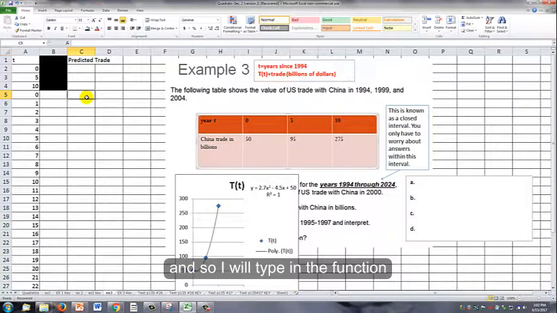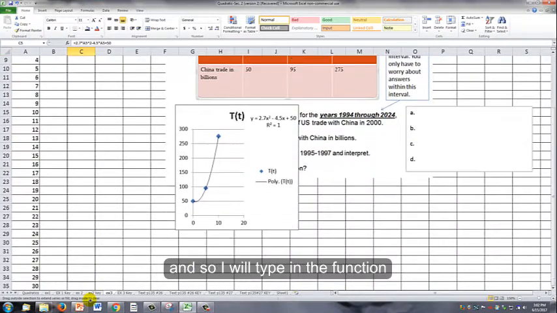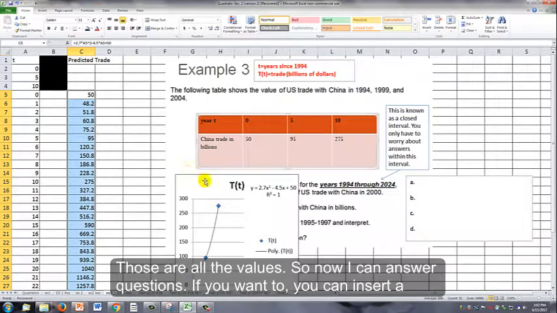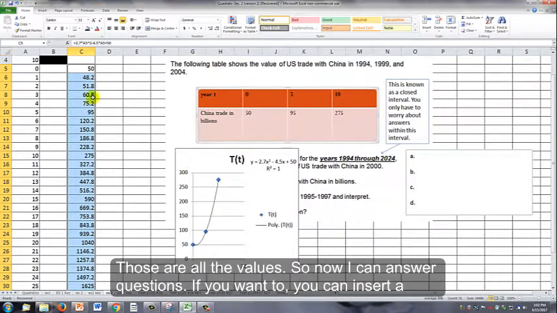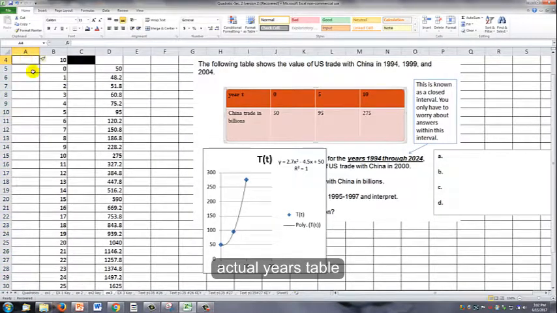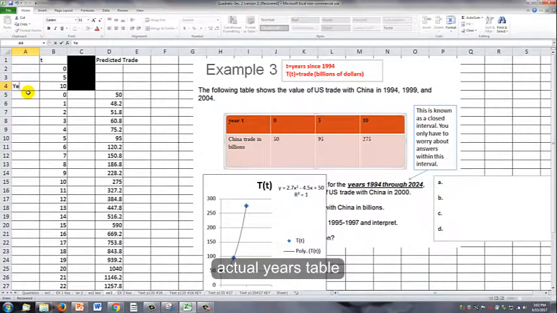And so I will type in the function. And so that's it. Those are all the values. So now I can answer questions. If you want to, you can insert an actual years table.